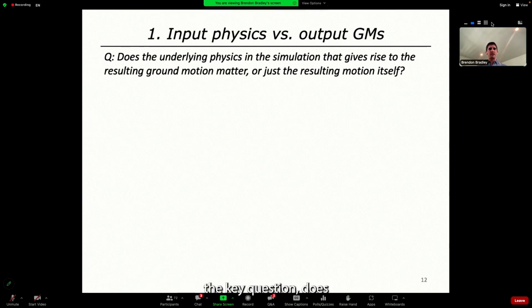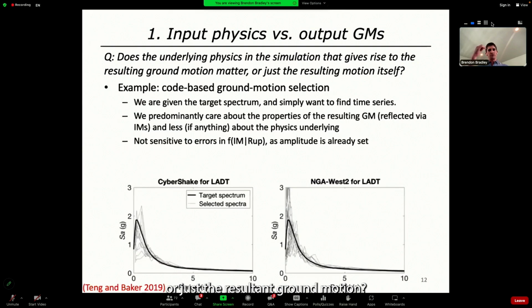As I was saying, the key question: does the underlying physics in the simulation matter or just the resulting ground motion? The example that, for example, Chiara did a nice job of summarizing in an Italian context is where we use ground motion simulations for code-based ground motion selection.